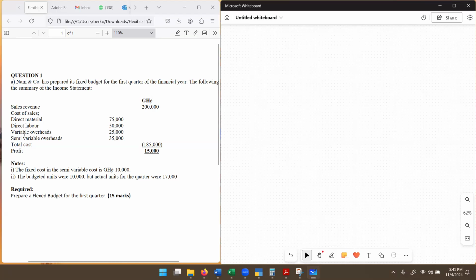Direct labor, 50,000. Variable overheads, 25,000. Semi-variable overheads, 35,000. The fixed cost in the semi-variable cost is 10,000, and the budgeted units were 10,000, but actual units for the quarter were 17,000. All right, so prepare a flexed budget for the first quarter.